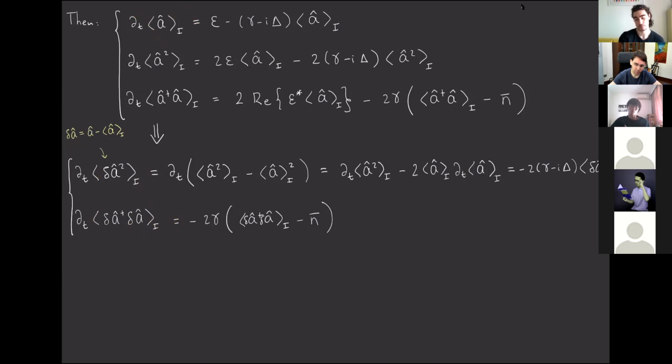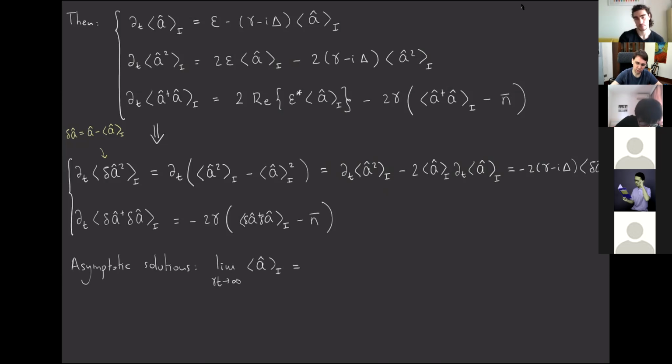Then it's completely trivial to see the asymptotic solutions, which is what we care about. The limit, when gamma t goes to infinity, of the first order moment will be equal to what?